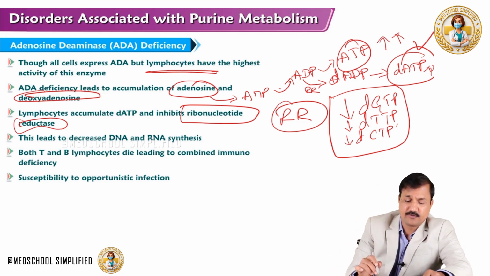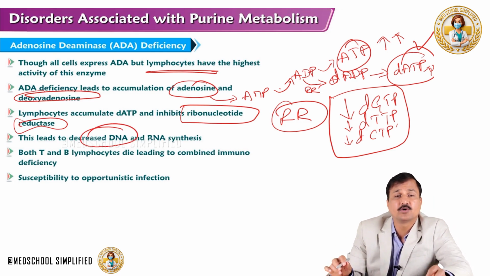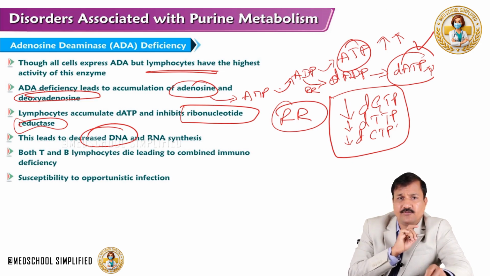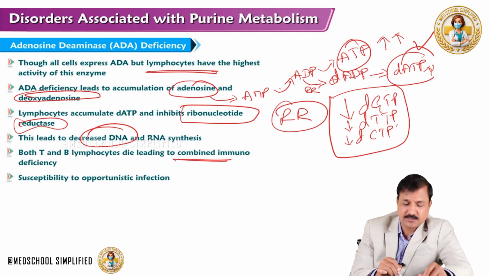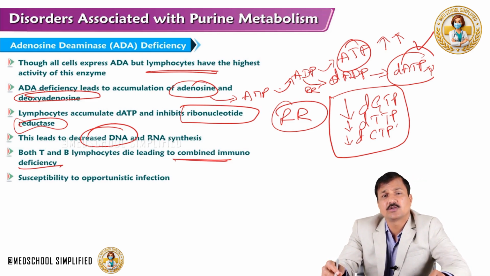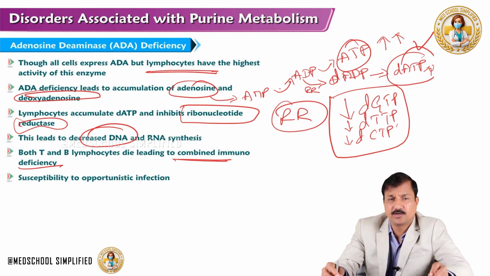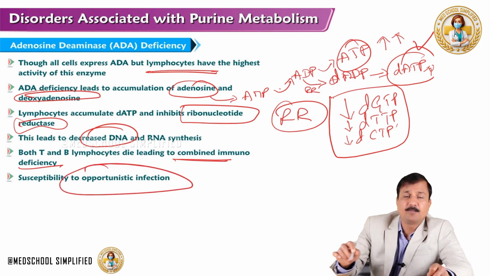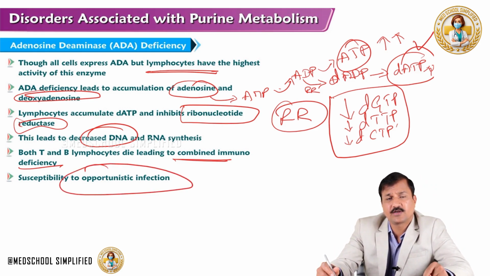That leads to an overall decrease in DNA synthesis and also in RNA synthesis. This will affect both T lymphocytes and B lymphocytes, so their proliferation will be decreased. That's why patients will suffer from combined immunodeficiency disease, where both humoral immunity and cell-mediated immunity are deficient, and these patients will show opportunistic infections like fungal, bacterial and protozoal infections.